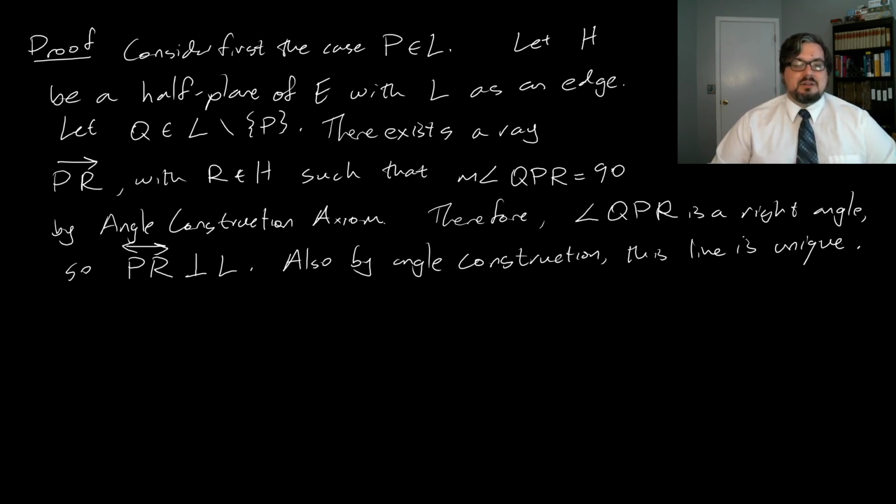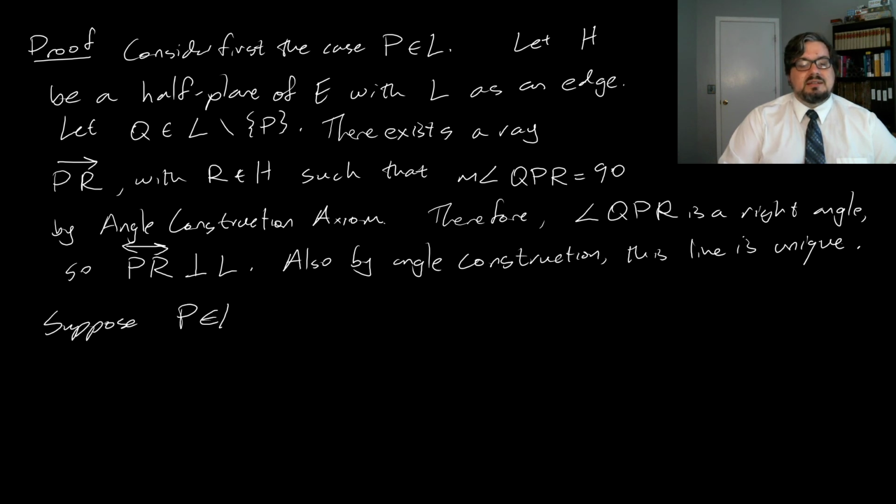So now let's consider the more complicated case. So now suppose that P does not lie on L, and let's get ourselves a diagram for the situation here. At a point P, and we would like to construct a line that goes through P and is perpendicular to L. Now we're going to do something very similar to what we did with side, side, side.